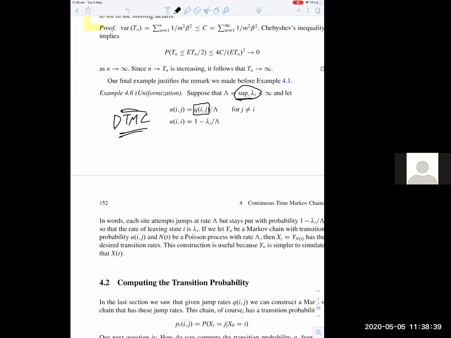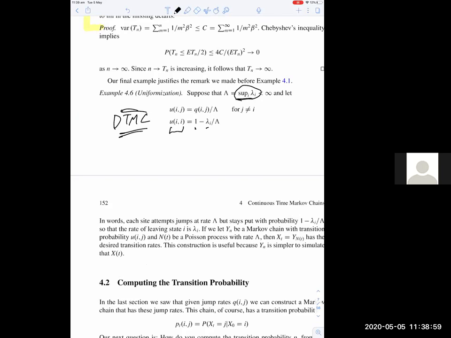But the discrete time Markov chain will also stay in state i with probability 1 minus lambda i divided by lambda.